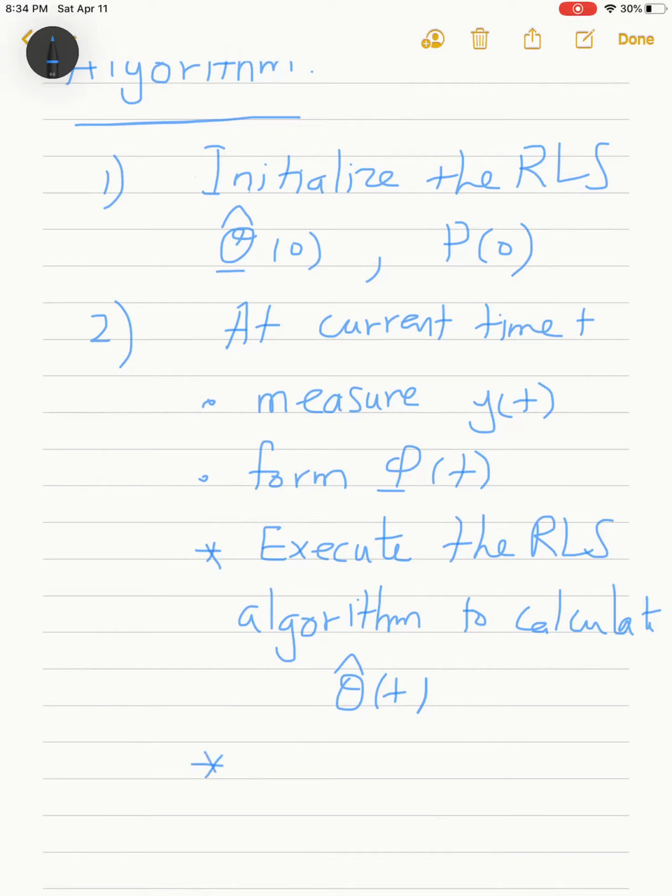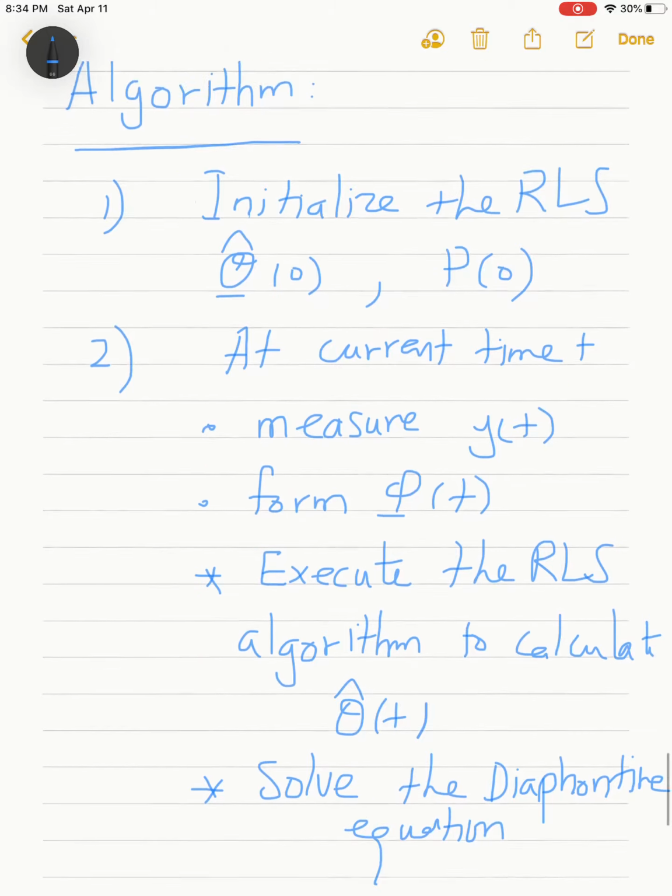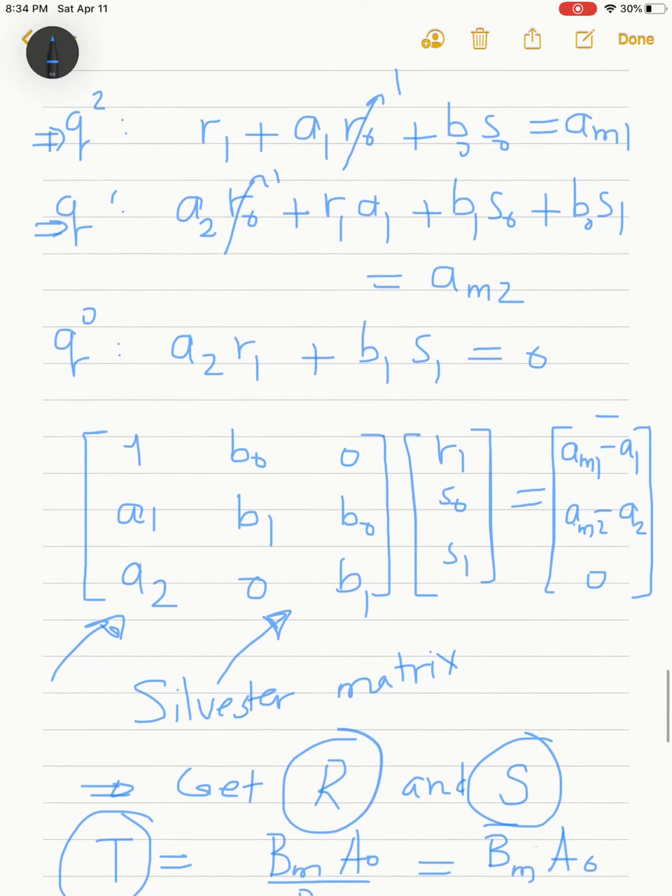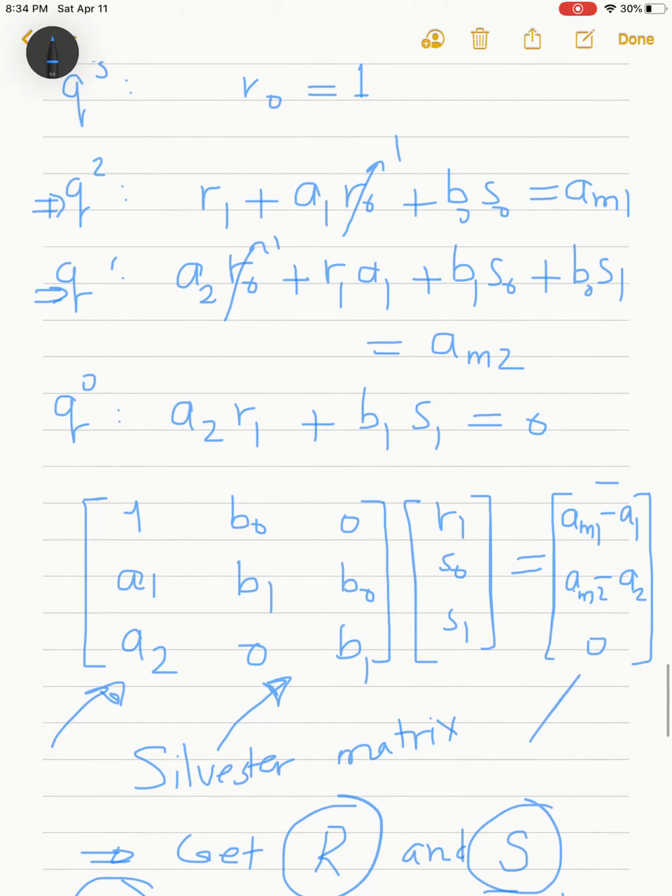Then we solve the Diophantine equation. This is the Diophantine equation that we have to solve. Let's call it equation number 1.